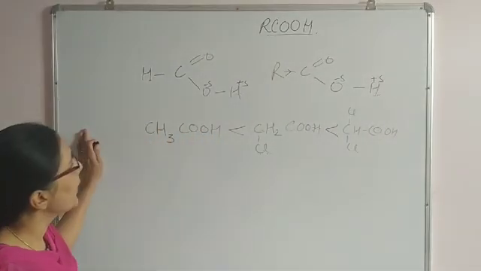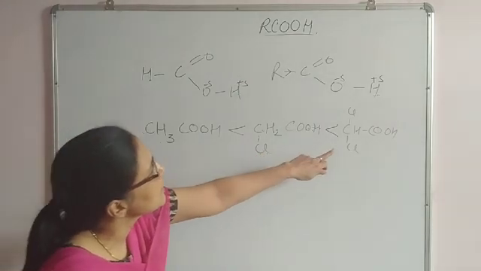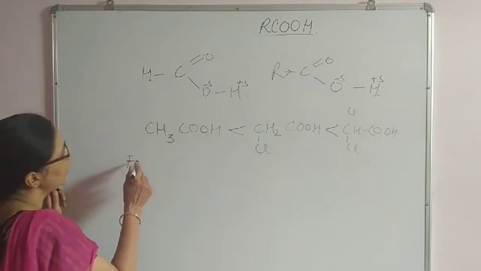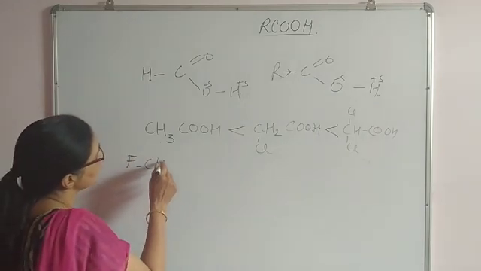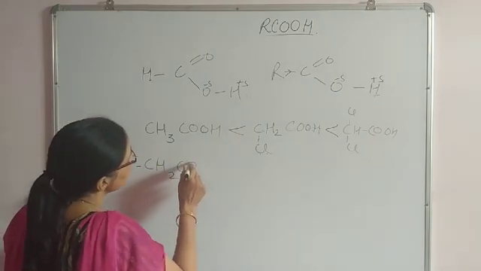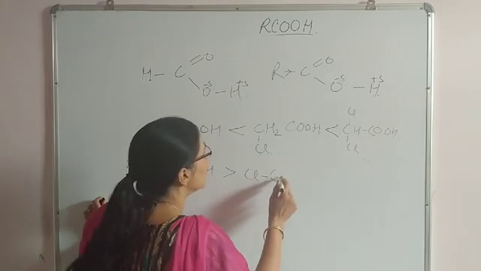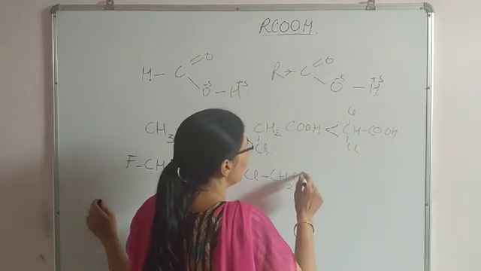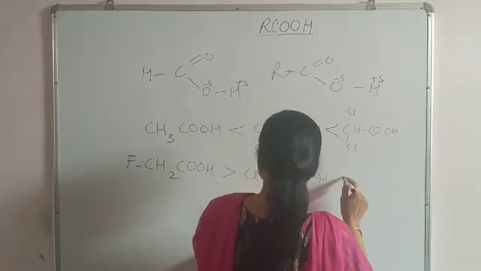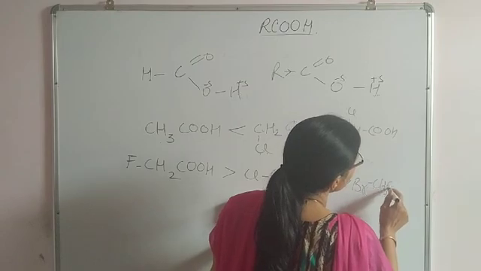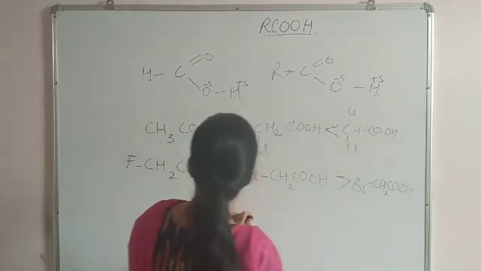Now the second comparison regarding this type of group. If the group is different, for example fluorine is the group, FCH2COOH, then chlorine CH2COOH, then bromine CH2COOH. What will happen?